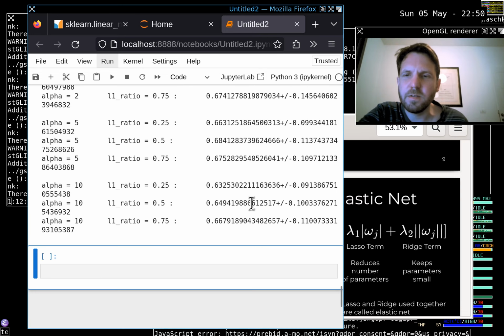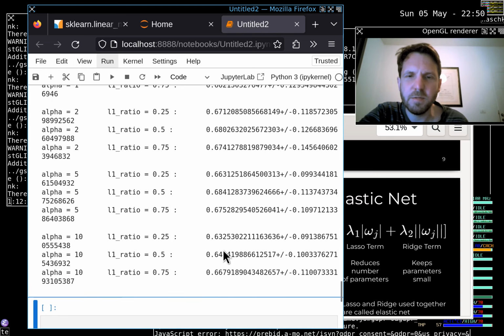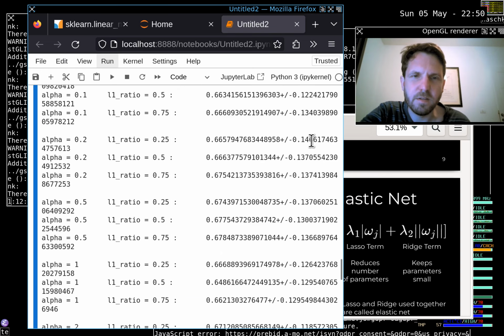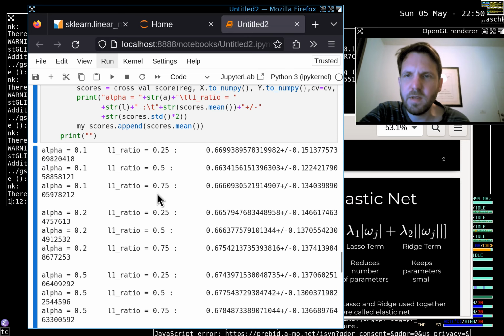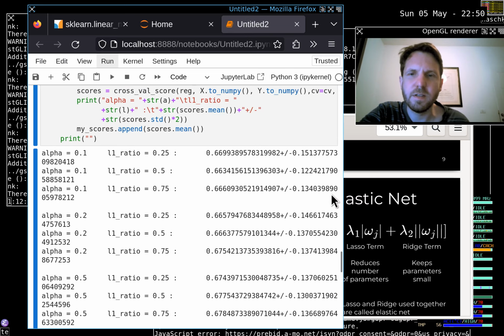But just to show you what you would do if you get highly different values: we get some different values, but as we see, the standard deviation or standard error here is rather high. So we see this is between 0.5 and 0.7 for this R2 score.